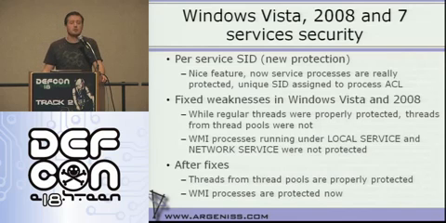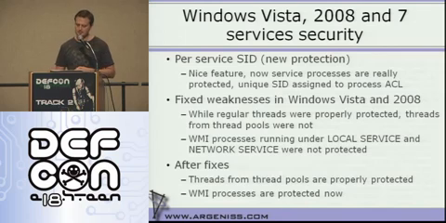On Windows Vista, 2008, and Windows 7, one of the new protections added by Microsoft is called per-service SID. This is a really good protection. Basically, what they do is put a special ACL in the process object.